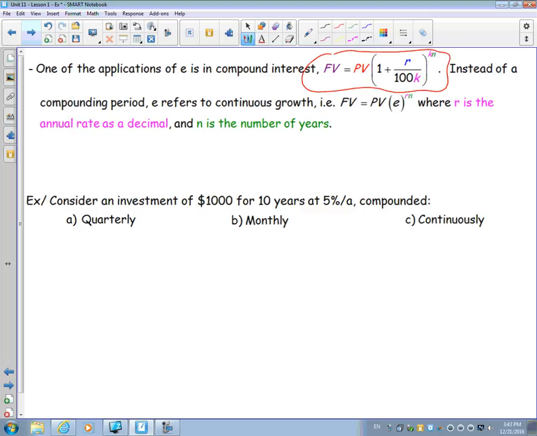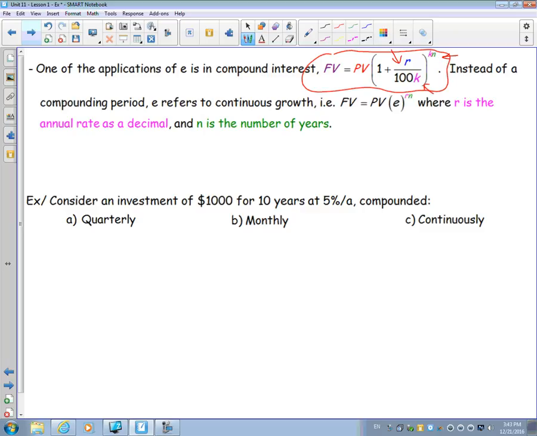That would be our standard function for growth of money that we put in the bank, our present value, after a certain amount of compounding periods and a certain amount of time at a certain rate. Well, those calculations are done at the end of every week or month or quarter or year, depending on the compounding period.